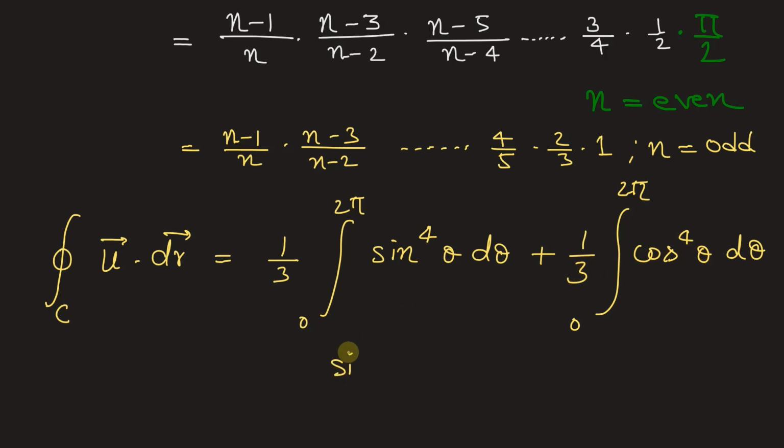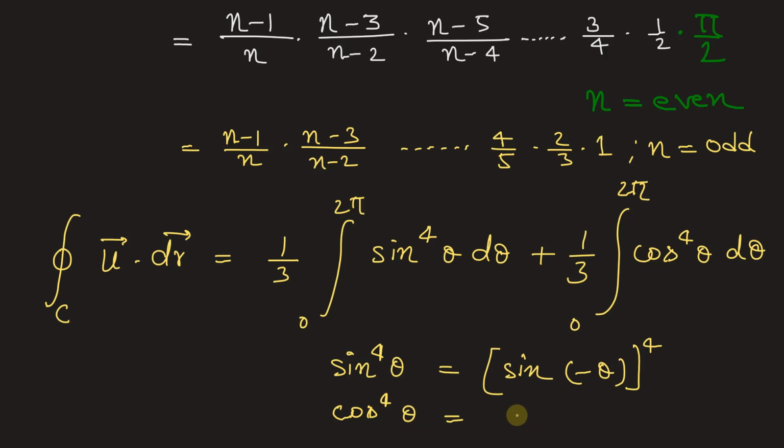That means sine to the power of 4 theta is equal to sine of minus theta to the power of 4, and the same goes for the cos function. Cos of minus theta itself is cos theta, and that to the power of 4 gives cos to the power of 4 theta.